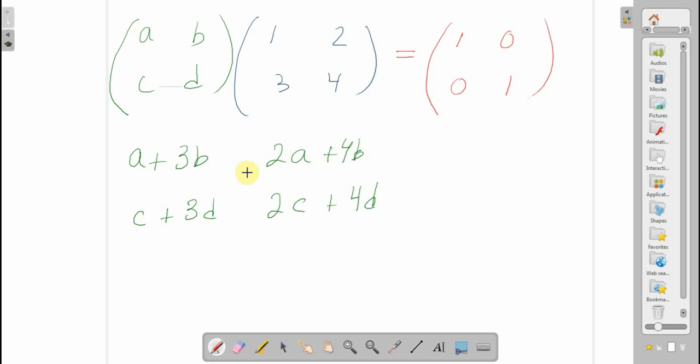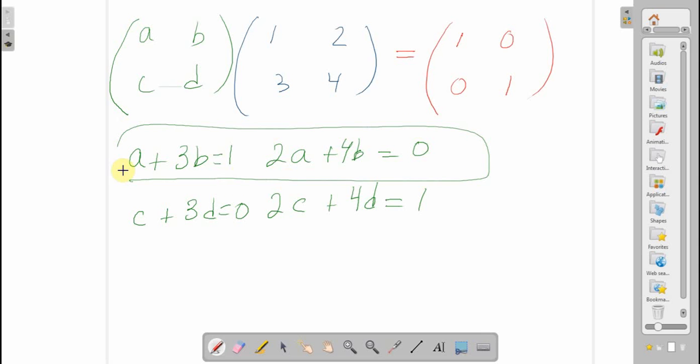Same thing, we use the corresponding values. So this one, first row, first column, and then first row, second column. Same thing. So if you create again two systems of equations, in this case this is the first system and this is the second system.